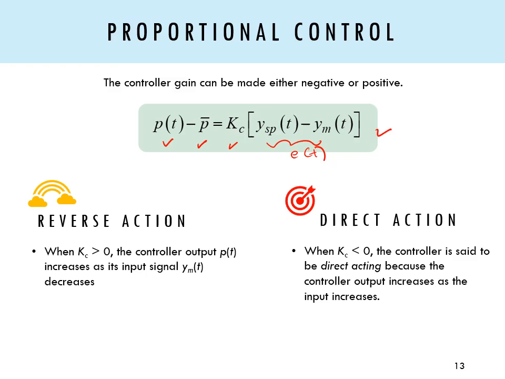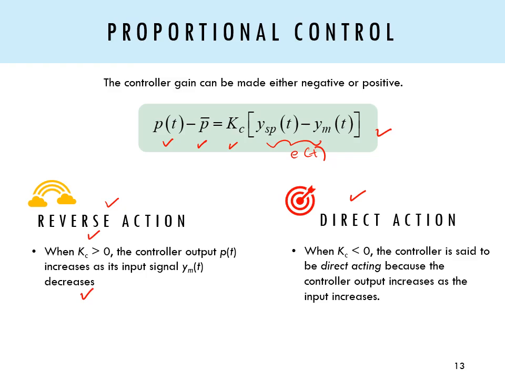The action of the proportional control can be either a reverse action or a direct action. The proportional control is said to be in reverse action when the Kc value is larger than 0, so the controller output increases as the input signal decreases.